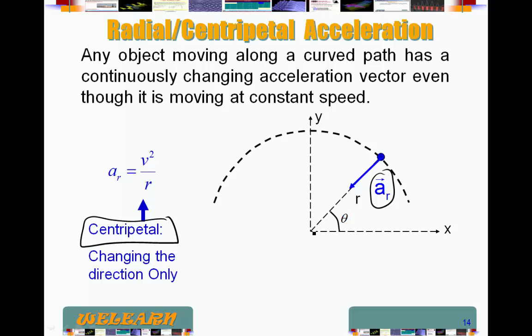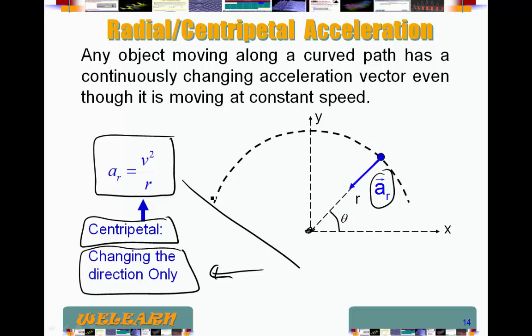Because it's pointing towards the center of the circle. Remember, it is responsible for changing only the direction of the velocity. Okay. One bonus that we have, it is equal to v squared over r. So the acceleration that's responsible for just changing the direction of the velocity is given by v squared over r.